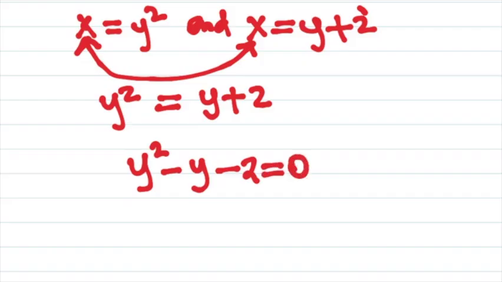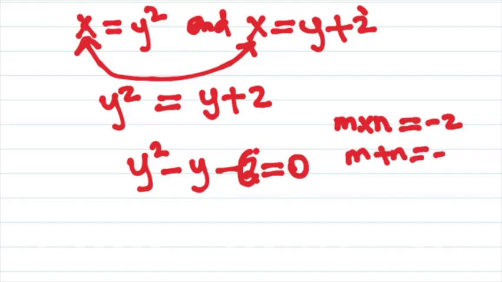Now you can use the quadratic formula to get the values of y, or you can use factorization. So for the factorization, we need two numbers m and n whose product gives you -2, and when you add them, they give you -1, which is what is here. So what are those numbers?